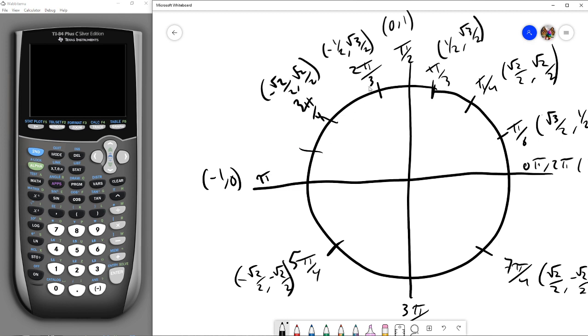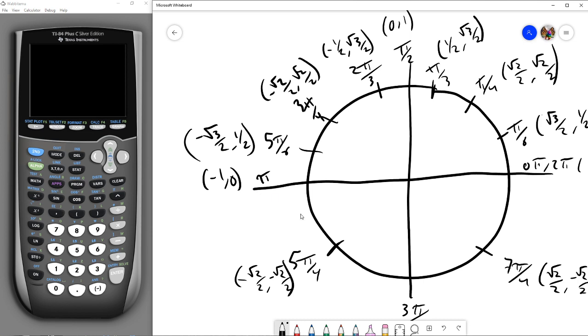In this case here, if you add a pi over 6 to 4 pi over 6, that's 5 pi over 6, right here. That will give us negative root 3 over 2, comma, 1 half. Pi over 6 plus 5 pi over 6 is 6 pi over 6, which is right here.